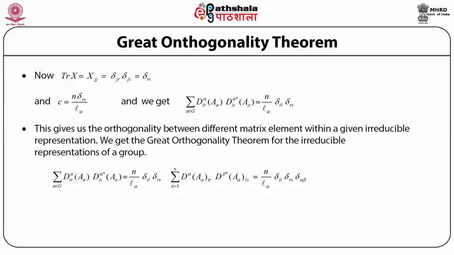This gives us the orthogonality between different matrix elements within a given irreducible representation, because D alpha star are the matrix elements of the same representation D alpha. So it tells us that the product of the matrix elements of the matrix D alpha and the complex conjugate is given by this expression, n by L alpha delta il delta rs.